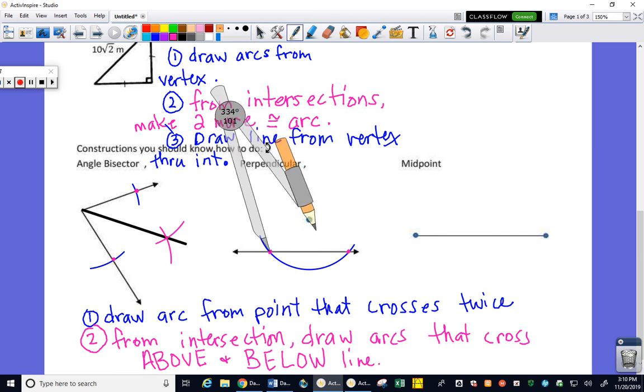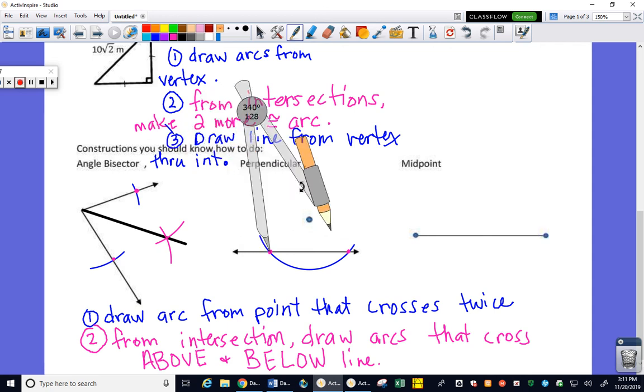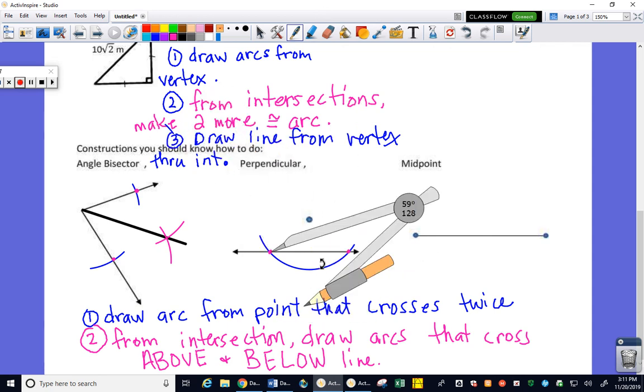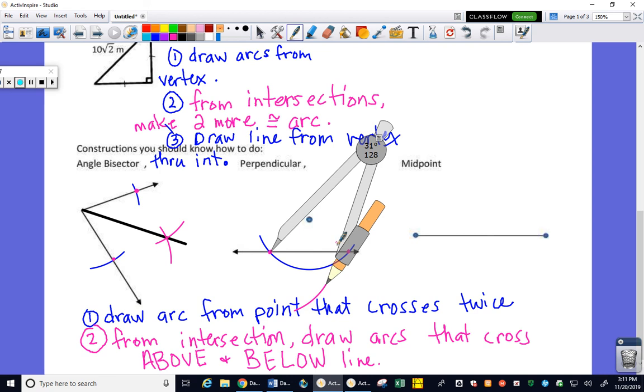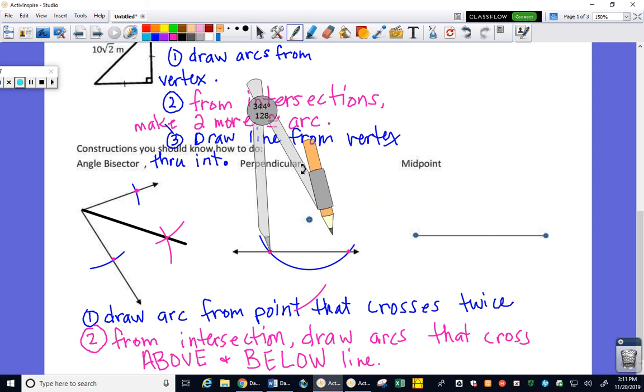We make an arc up above. It doesn't have to go through that point. You make an arc above and you make an arc below.